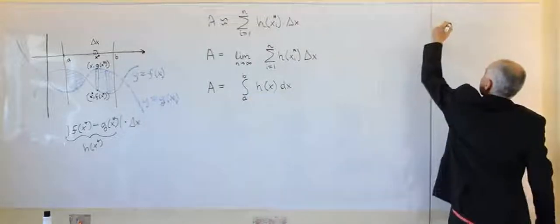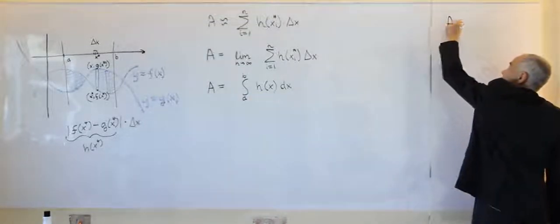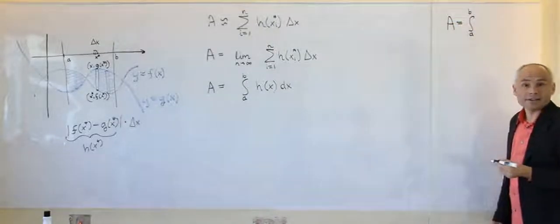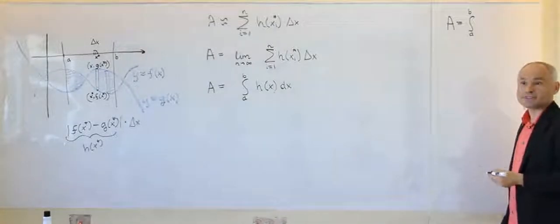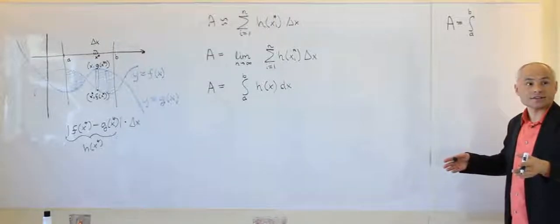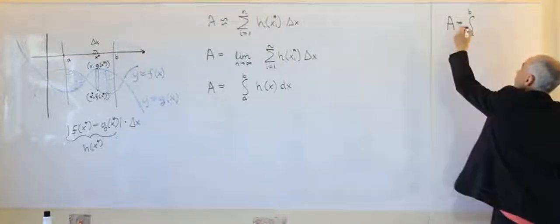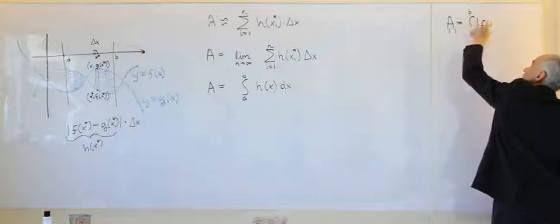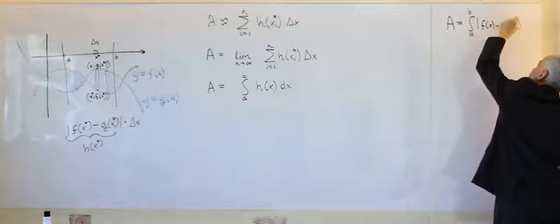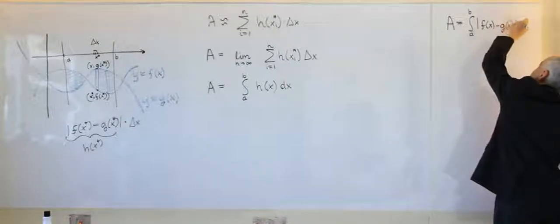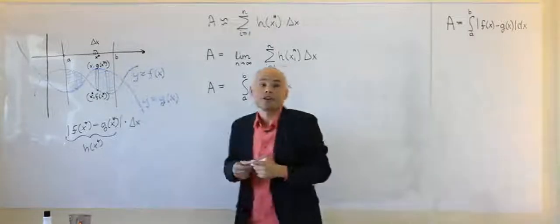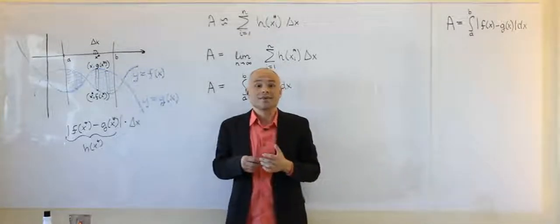So now we have the final formula, which says that the area of the region bounded by the two curves f and g between two vertical lines x is equal to a and x is equal to b is the integral of the absolute value of f of x minus g of x dx. And that's the only formula in our introductory lecture that you need to memorize.